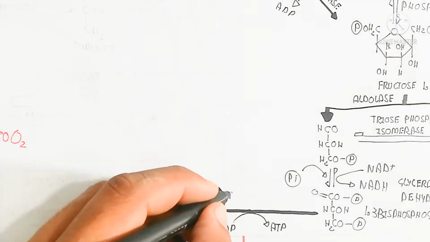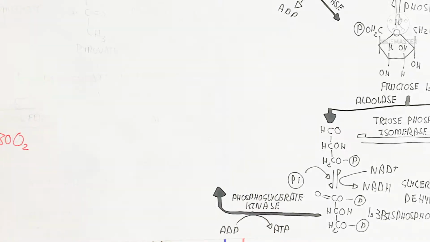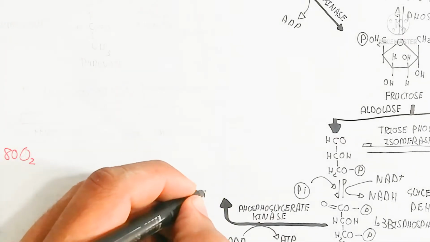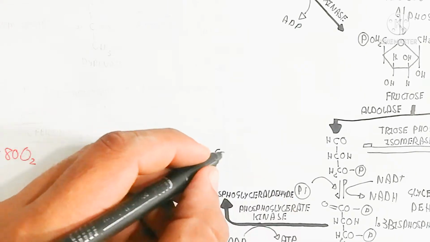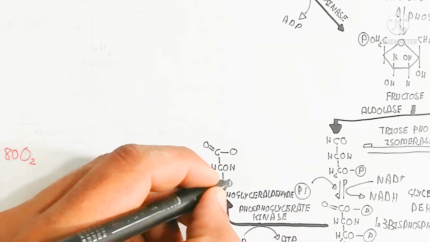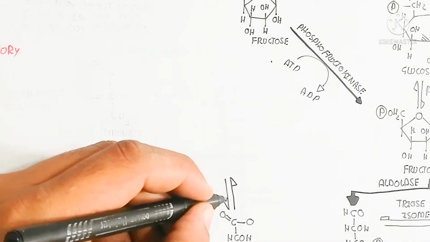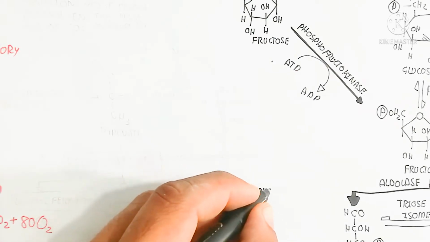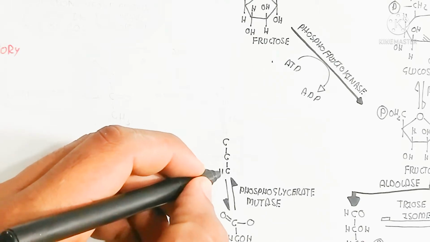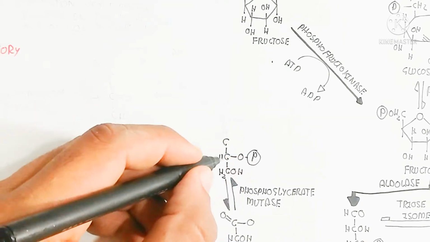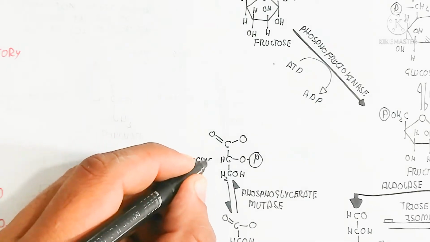Anyhow, here you can see the ADP is used to produce ATP, and the phosphoglycerate kinase enzyme is used for 3-phosphoglycerate formation. In this way the 3-carbon molecule will be converted by the phosphoglycerate mutase enzyme, causing a mutation to create the 2-phosphoglycerate formation.